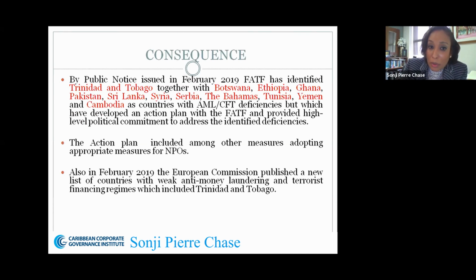In this public notice that was issued in February of last year, Trinidad and Tobago was identified with several countries who have severe deficiencies with the implementation of these recommendations. You would see names of those countries there, some of which you really would not want to be in a group with.